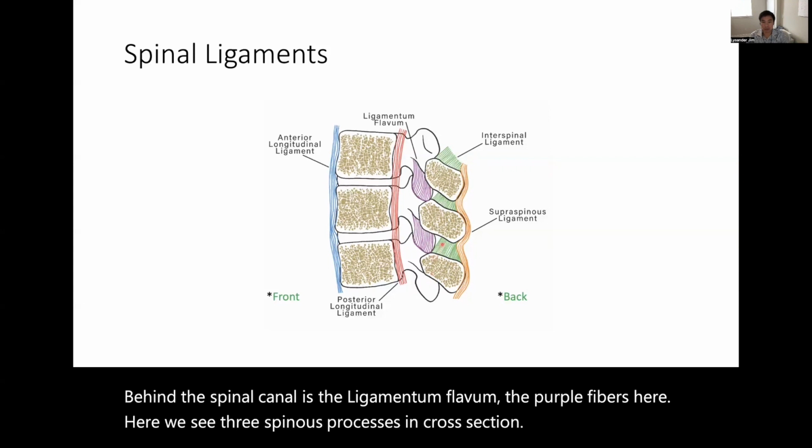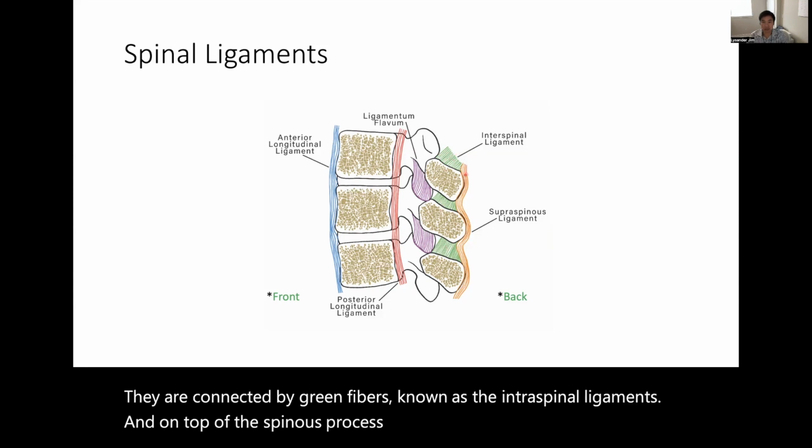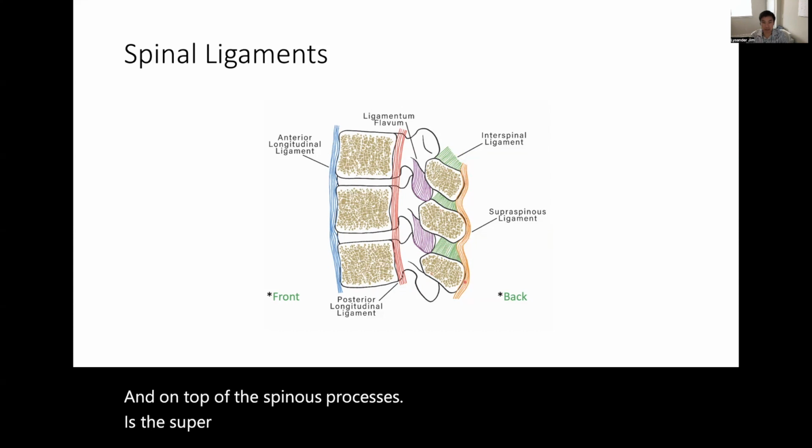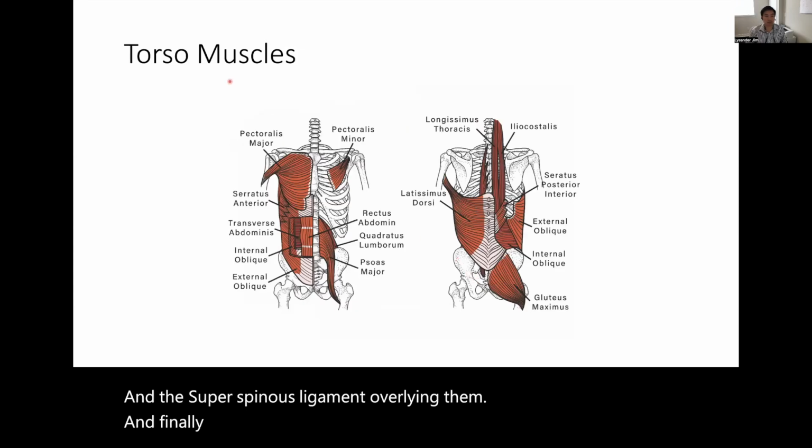They are connected by green fibers known as the interspinal ligaments. And on top of the spinous processes is the supraspinous ligament in orange. And finally, there's the dorsal muscles.